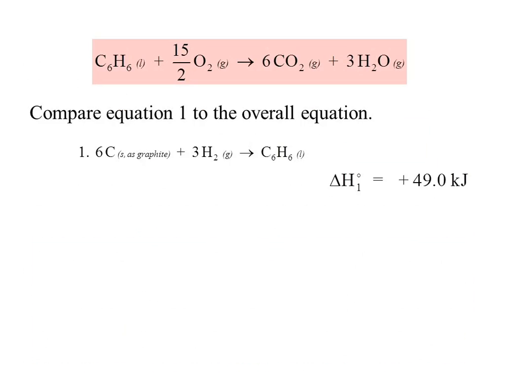Then somebody told you you're going to be using those puzzle pieces to your advantage. So you look at each puzzle piece and compare it to the overall reaction of interest, the big reaction, and you see what you need to do to use it. Sometimes they're more obvious than others.